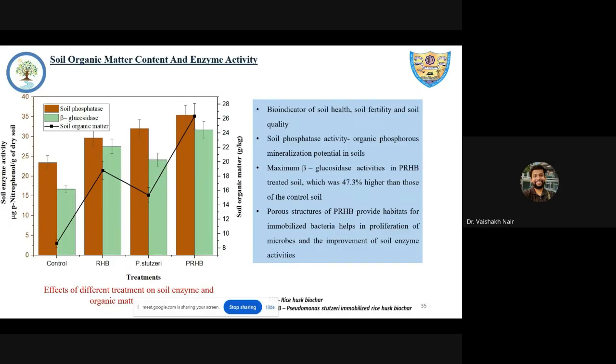Soil phosphatase means organic phosphorus mineralization was much higher because of the enzyme. Beta glucosidase helps in breaking down hydrocarbons into simple carbon molecules, which can be taken up by the microorganisms. So indirectly, because carbon is broken down into simple chains, microorganism growth is also taking place. So the organic soil matter was also increasing. This was a very interesting thing.